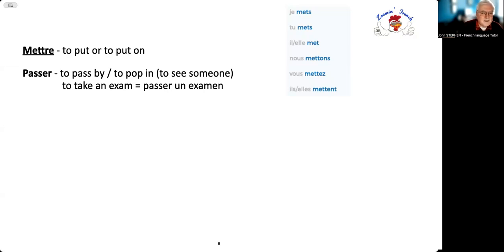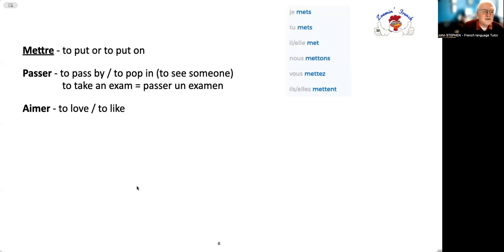Passer un examen. And again, because it is an ER verb, unless it falls part of the third group, which it doesn't, this one will conjugate in the normal way. So, je passe, tu passes, il passe, nous passons, vous passez, ils passent. So very straightforward, really.